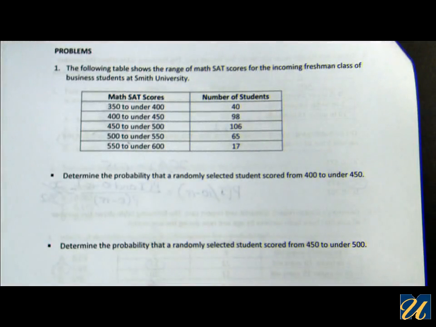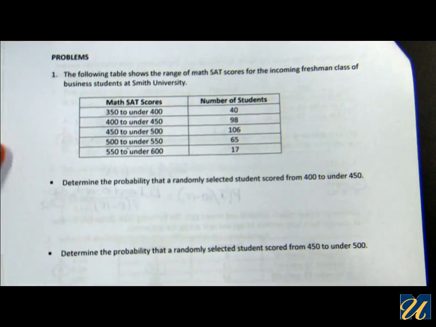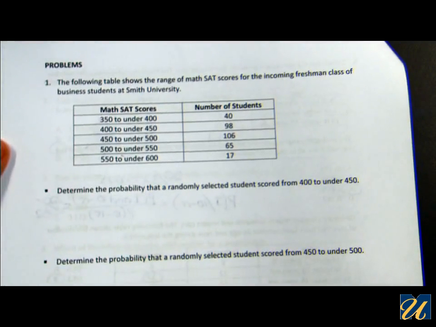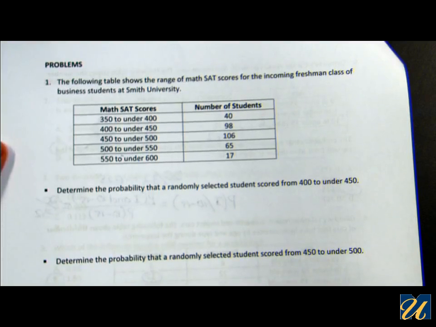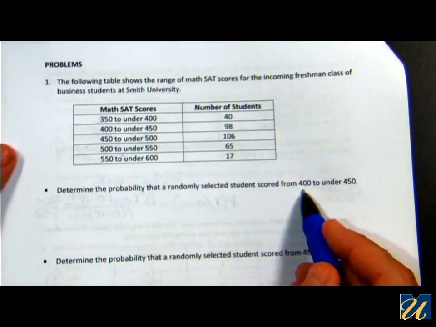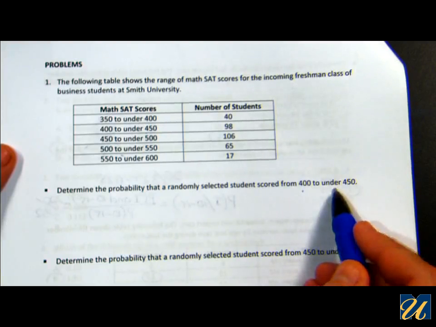Let's look at the problems. The following table shows the range of math SAT scores for the incoming freshman class of business students at Smith University. So this is the data that we have. Determine the probability that a randomly selected student scored from 400 to under 450.